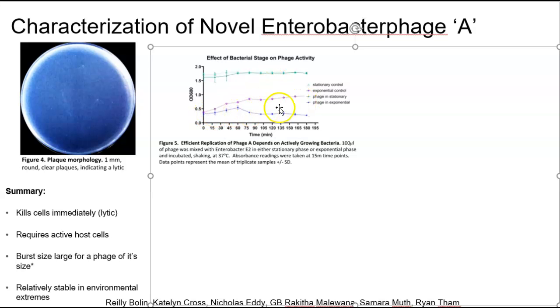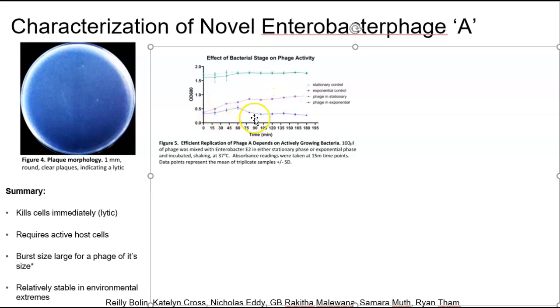In these two lines here, we've got the exponential control in purple. So this is the bacteria by itself, and the bacteria start off at a low concentration, so a low absorbance, and as the bacteria grow, the absorbance increases. So more bacteria in the tube, the laser gets bounced around more, the absorbance goes up.